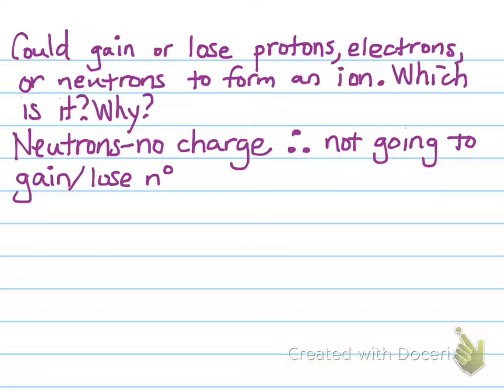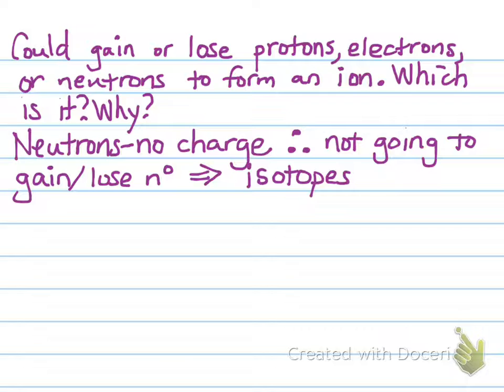neutrons. And you probably should have realized that because we have already talked about what we call atoms that have different numbers of neutrons, atoms that have either lost or gained neutrons. Remember, those are called isotopes. Isotopes were atoms of the same element that had different numbers of neutrons.